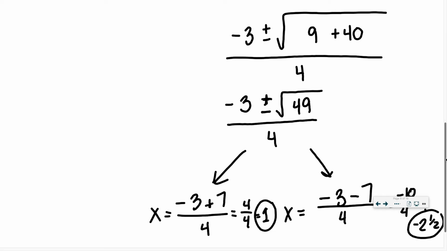So if you had something like x squared plus 6x plus 5, I could factor that. Right, factors of 5 that add up to 6, positive 5, positive 1. You can do that with the quadratic formula. Your a is 1, your b is 6, your c is 5.